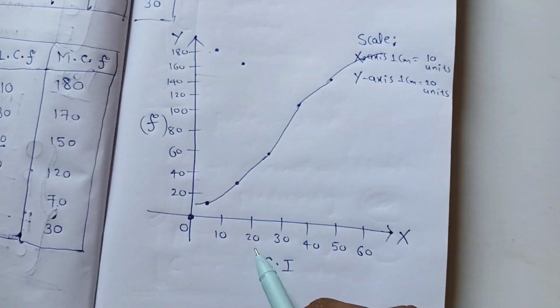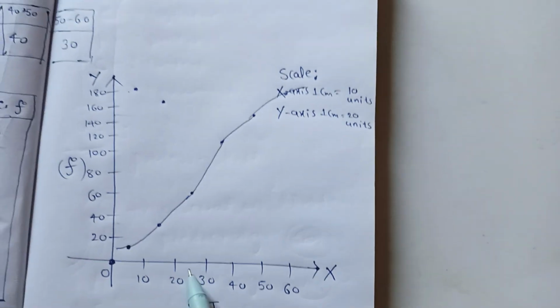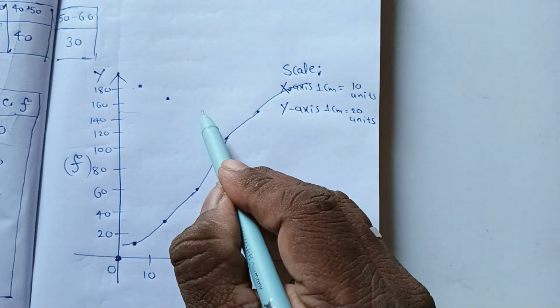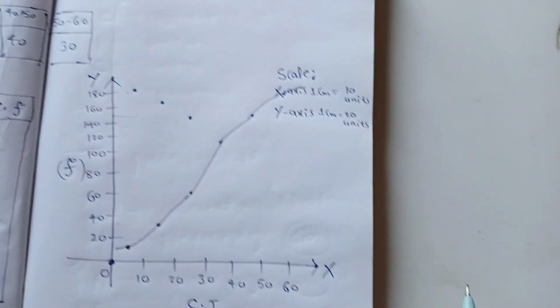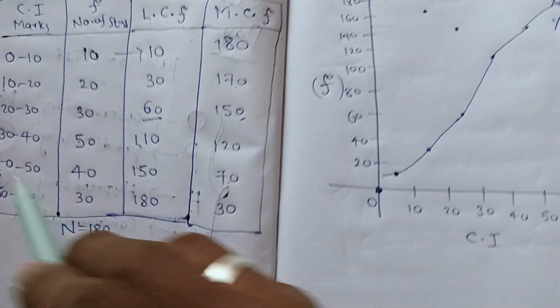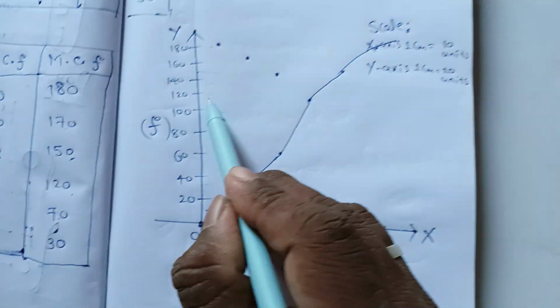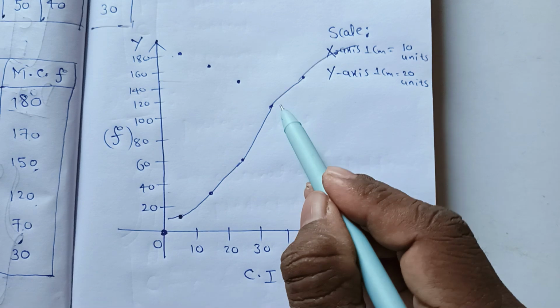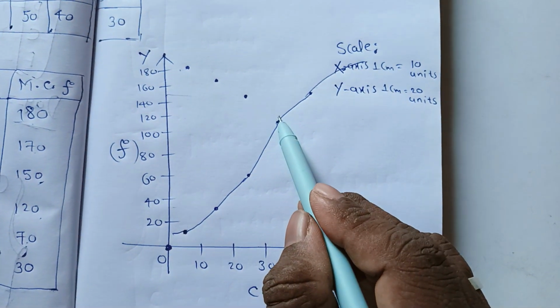Next, 20 to 30, you have the value 150. Next, 30 to 40, you have the value 120.